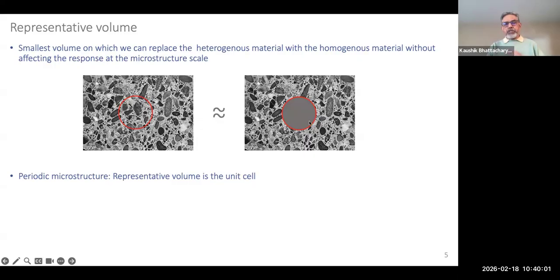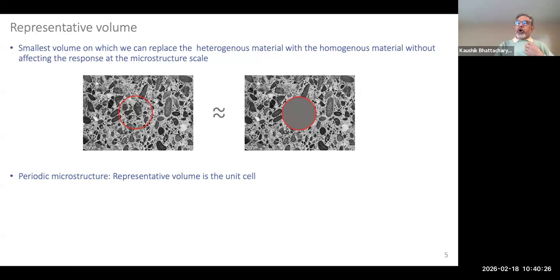And that's the smallest volume on which you see that, which is what is called a representative volume. If I go to smaller volumes than that, I will see the fluctuations in the material. So there's this notion of a representative volume, which is the smallest volume in which you can replace the heterogeneous material with a homogeneous material.